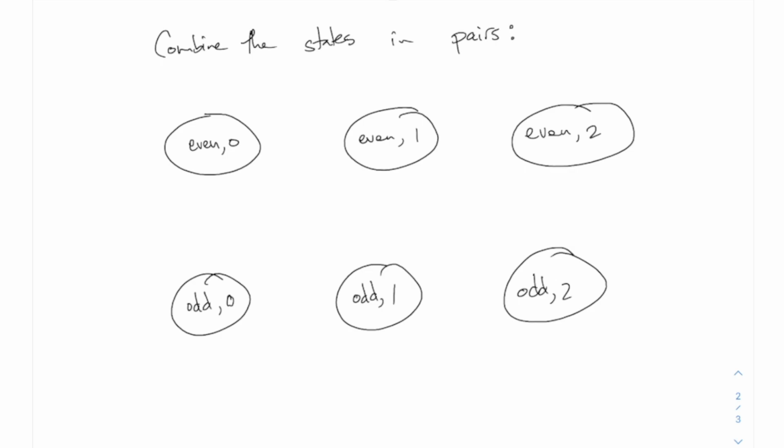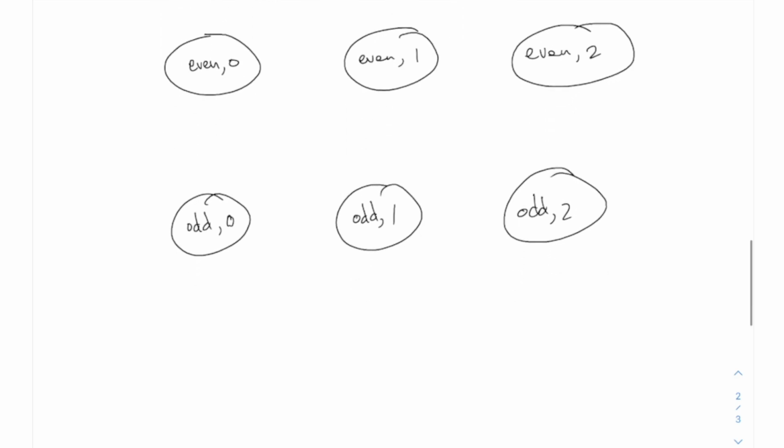So the states, I'm going to try and do a little narration here. The states are pairs of states from the original machines. All right.